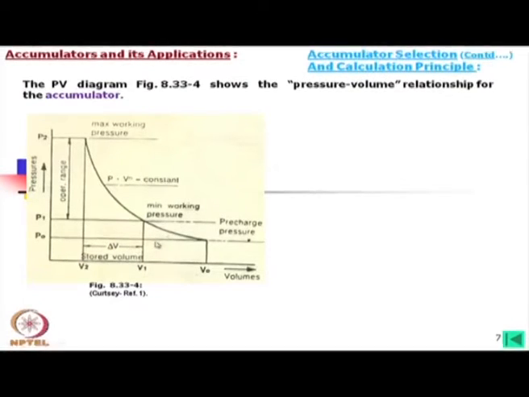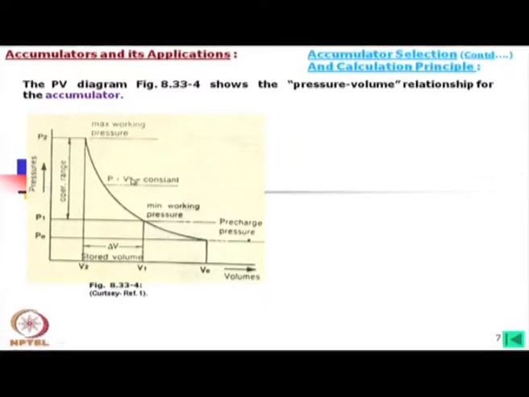This is the used volume for the system. That means, when the pressure is P2, the volume is minimum, and at V1, the minimum pressure, it is the maximum volume, and this is the charged volume.